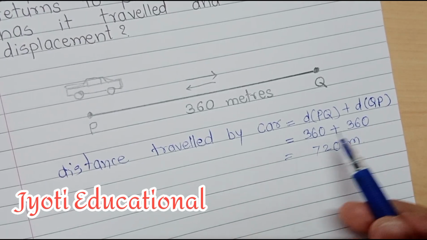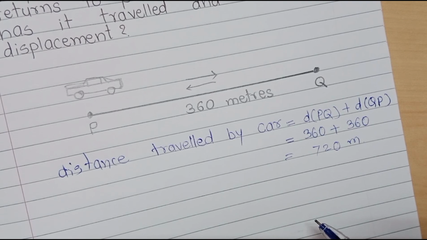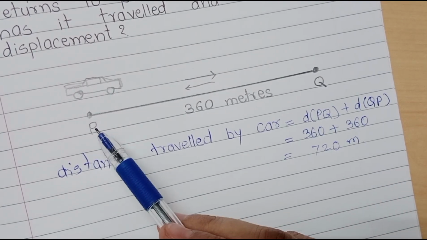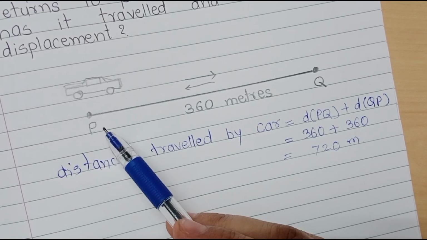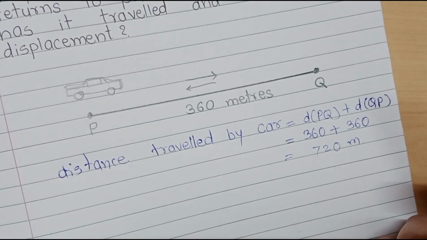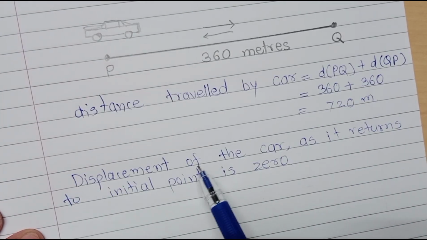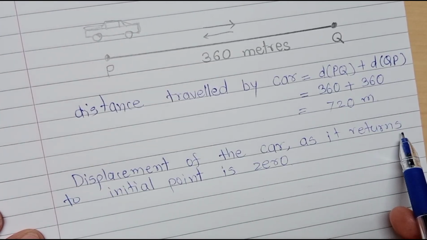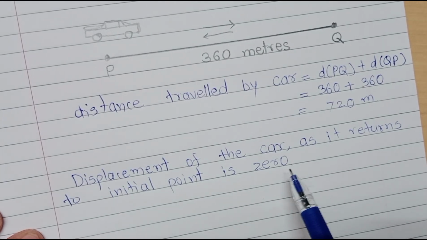Distance traveled by the car is 720 meter. For displacement, again the initial point and the ending point are the same, so displacement will be 0. We write here: displacement of the car as it returns to the initial point is 0.